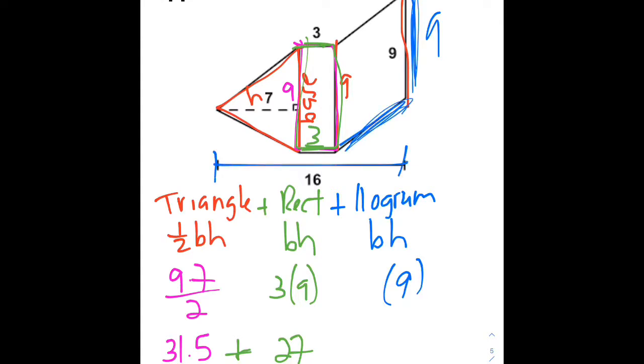Well, if I know this is 16, this part is 7, this part is 3, that's 10, so that would make the remaining piece 6. 6 times 9 gives me 54. And when you add all of those together, we get a total that the area of this figure is 112.5 units squared.